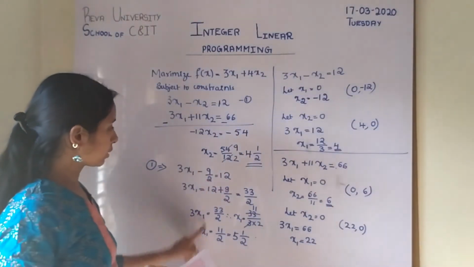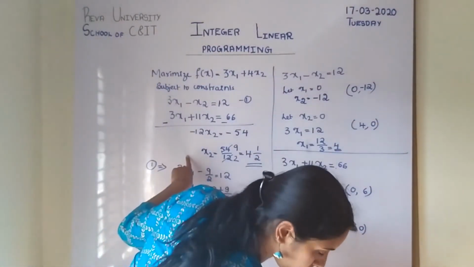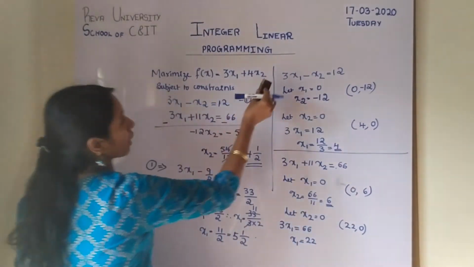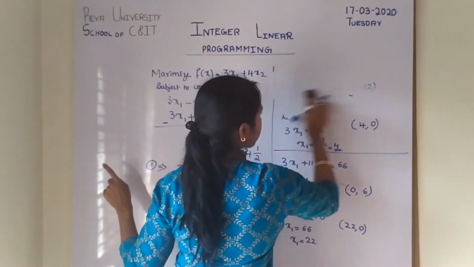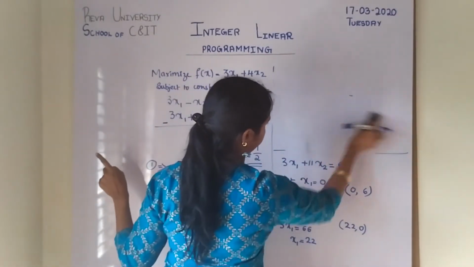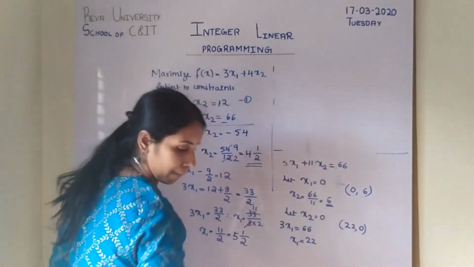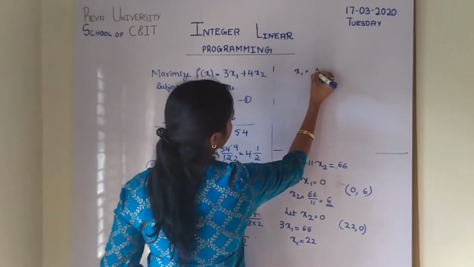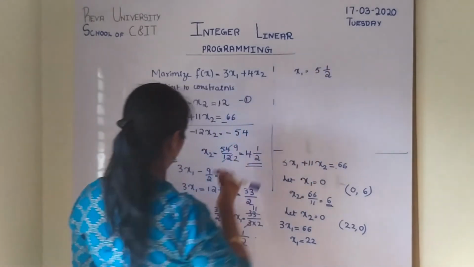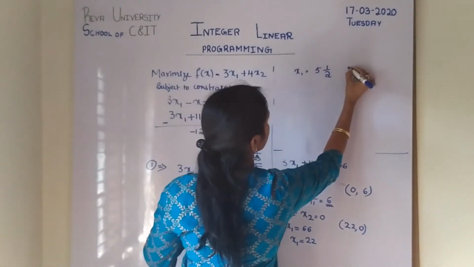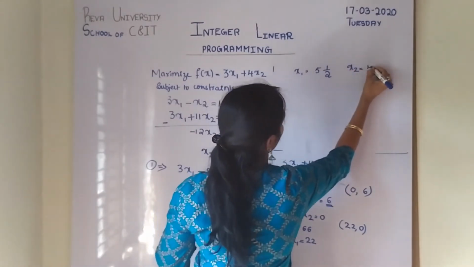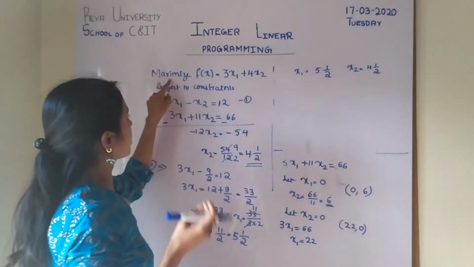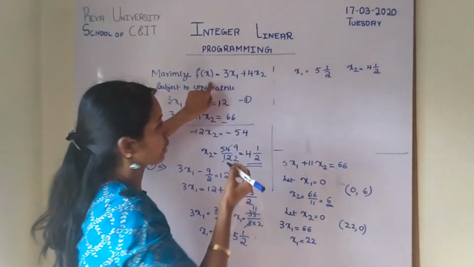Otherwise, you can solve these two equations and we will get the answer of x1 as 5 1 by 2 and x2 as 4 1 by 2. Now, I will substitute this into our objective function.